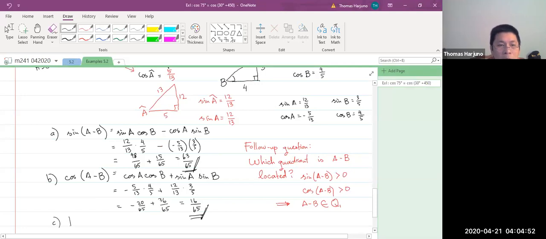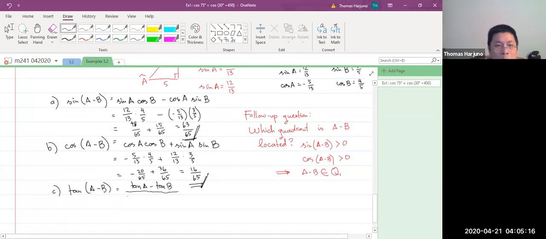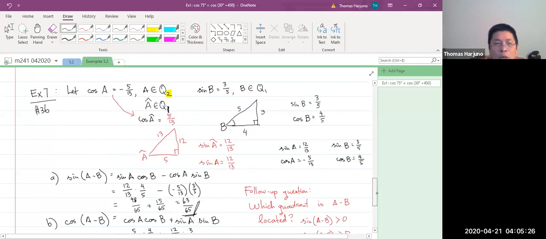Part C. Can you compute tangent A minus B? According to formula 1,6, that's tangent A minus tangent B over 1 plus tangent A tangent B. But then you need to go back and tweak that.